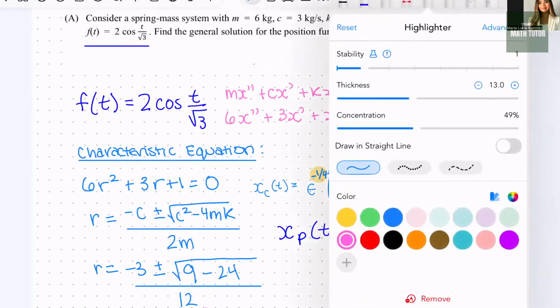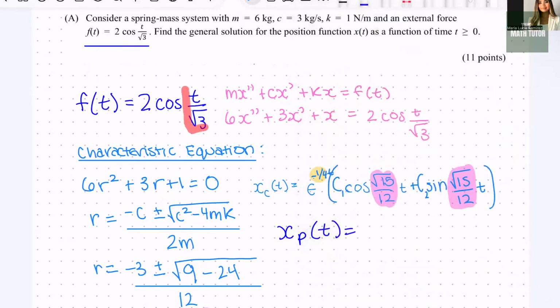I think I'm going to highlight that in a different color. So this 1 over root 3, whatever is in front of that t in the external force equation, we're going to be using that. A cosine t over root 3 plus b cosine t over root 3.